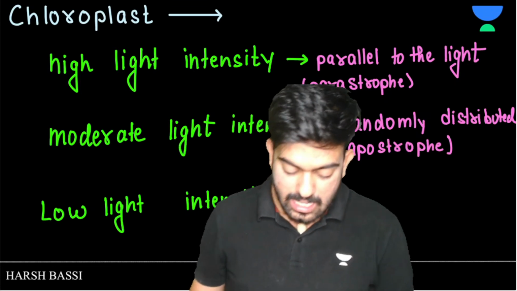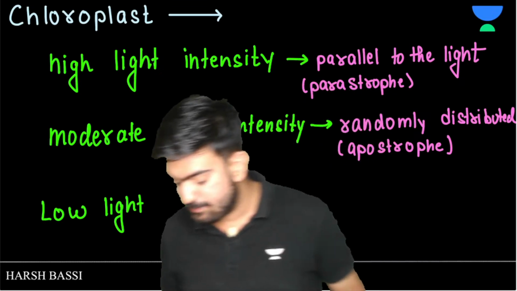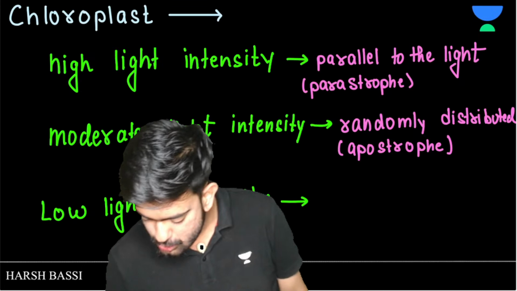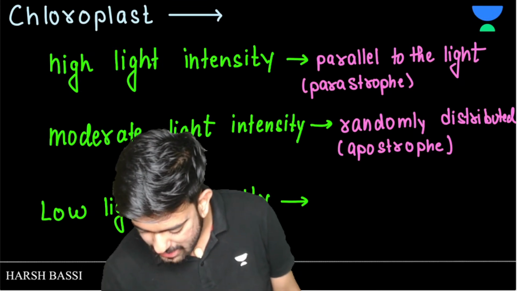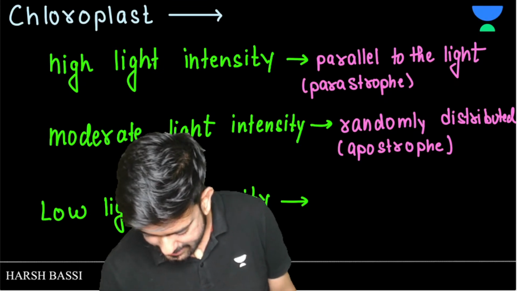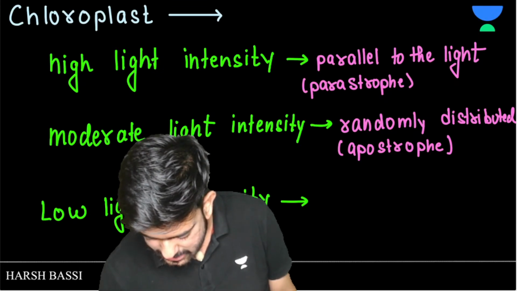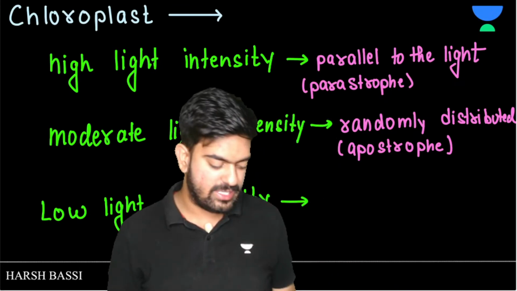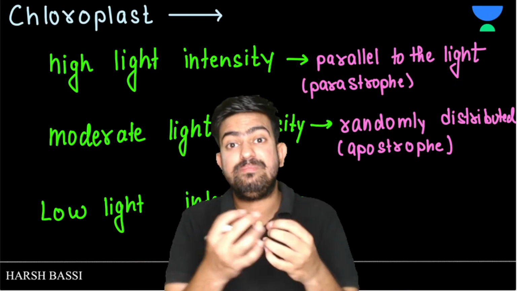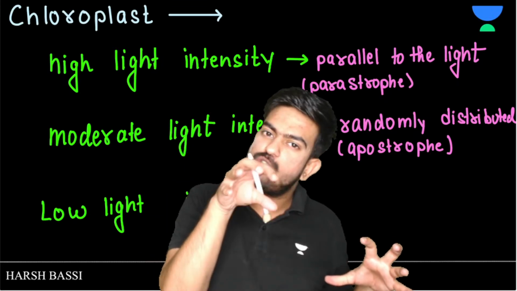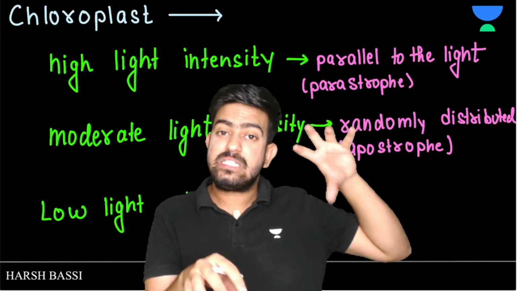Now, next comes the low light intensity. So what is going to happen in low light intensity? The intensity of light is already low and the chloroplast needs the light.